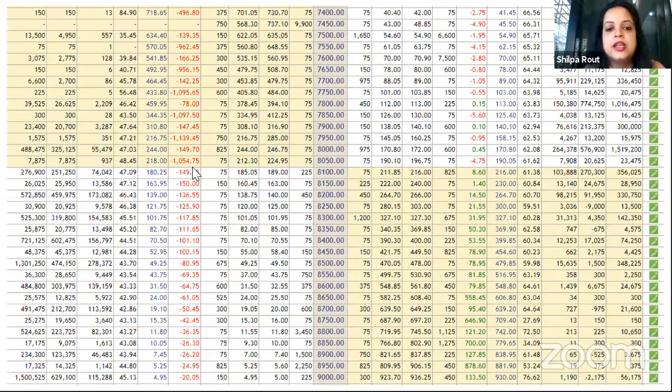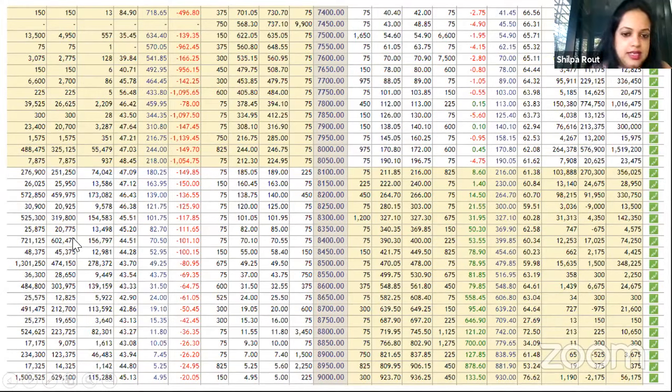There's one, if you see, suppose you are bullish on Nifty, so how will you know? How will I know that Nifty can move from here to there? Like I said, this is the total OI on the put side, and these are the fresh contracts getting added on the put OI side, which means that 8,000 then 7,800 are building up very actively, which means they're adding to the support zones.